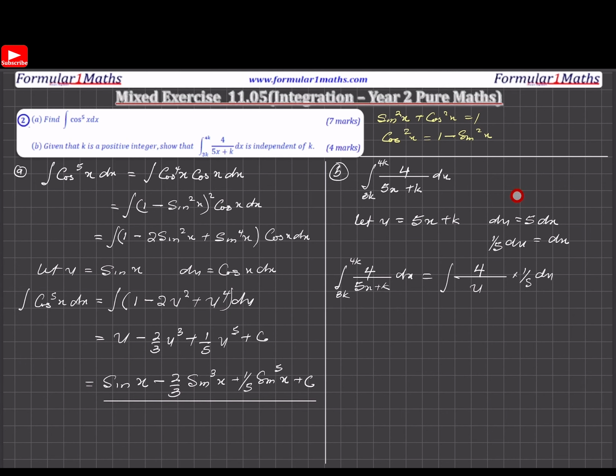But we need to put different limits here, so let's go and get those limits. So we can make a small table like this.